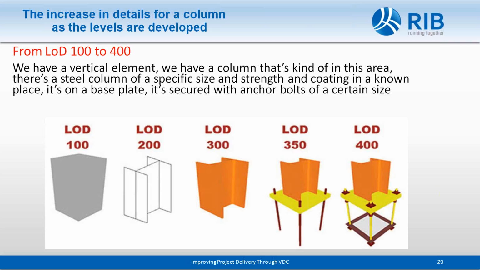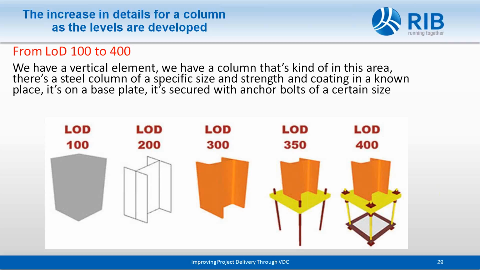We know exactly its coating. At 350, we know it's on a base plate. And at 400, we know exactly how the base plate is secured. So we know we've got the vertical element that is a structural steel column of a specific strength, size, coating.